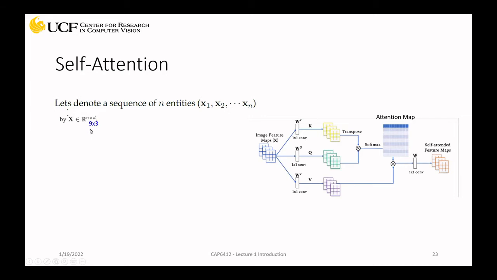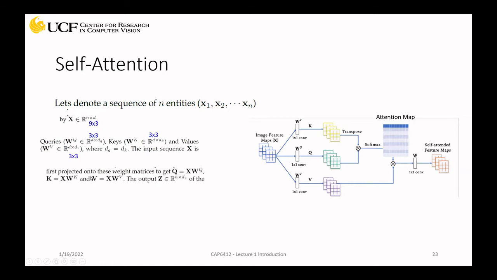So D is 3, N is 9, okay? For our case, WQ will be 3 by 3, because we want 3 back here. So D is 3 and DQ is also 3. In the same way, WK will be 3 by 3 and WV will be 3 by 3.